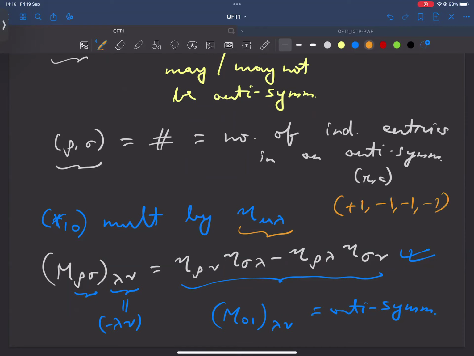So multiplying with eta can change the index structure, and that's what it does, and it lands you with an antisymmetric matrix.